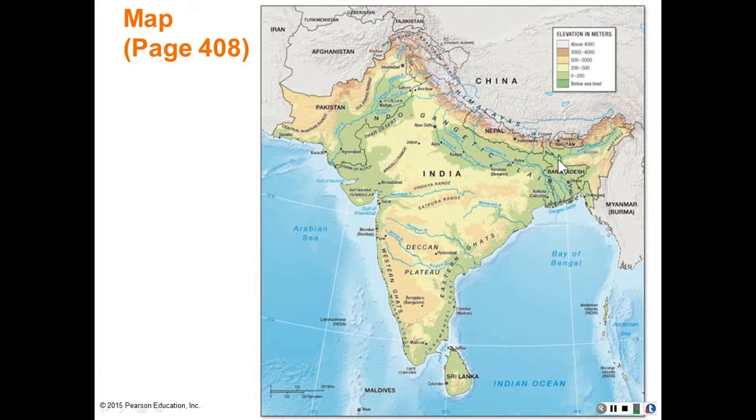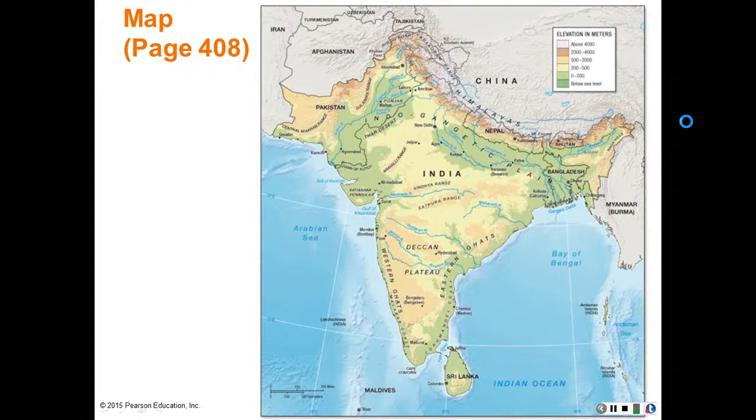And we have Bhutan in the northeastern portion of our region. We'll spend a little bit of time talking about these smaller countries and their influence in the region. This map is on page 408 of your text.